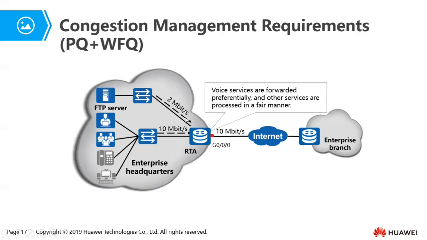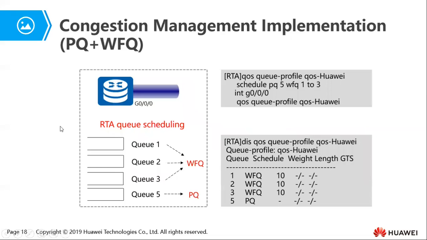If we aggregate 2 Mbps plus 10 Mbps, then it's more than this, and you have a possibility of congestion here. That's why we need to configure voice to be forwarded preferentially.